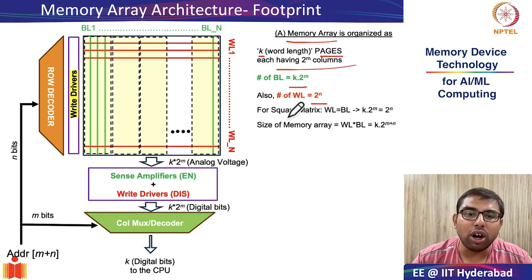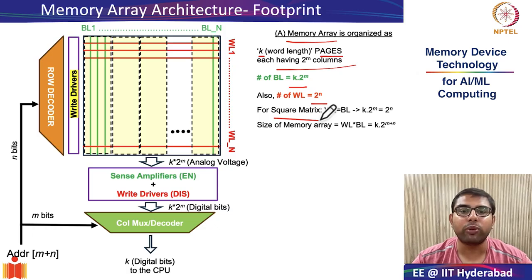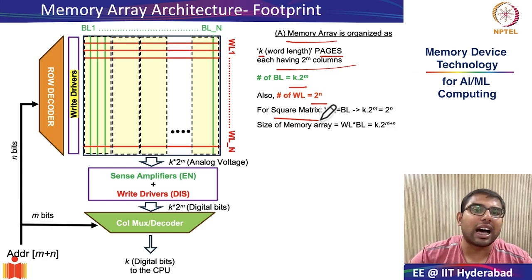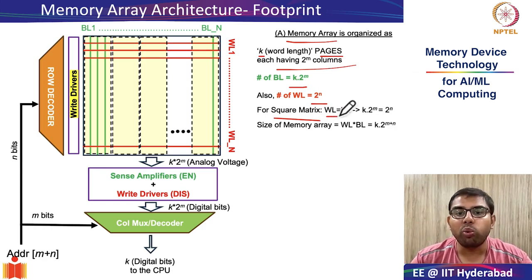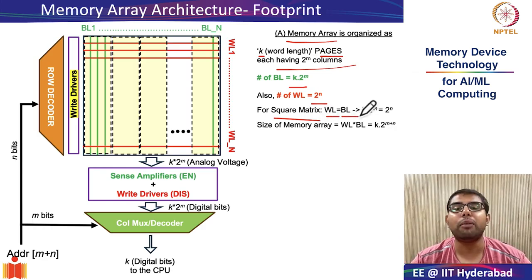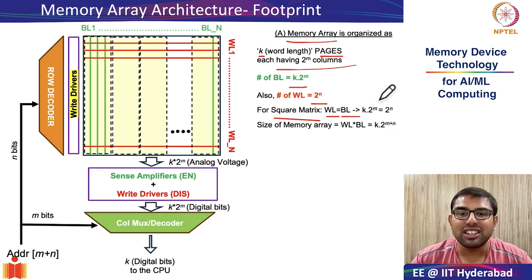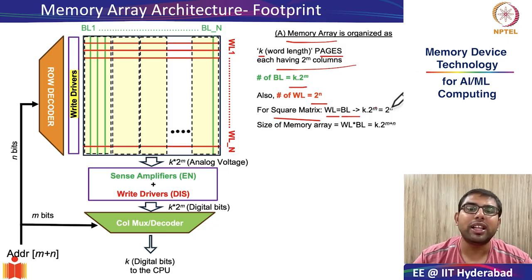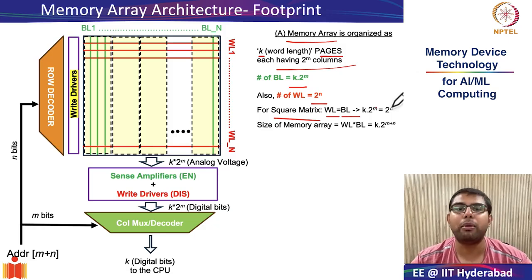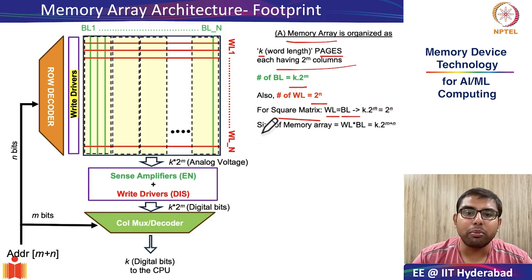For a constraint of a square matrix array, we studied why a square matrix is very valuable. It is to improve on latency and reduce RC delays. The number of word lines is assumed to be the same as the number of bit lines, and that puts a constraint on the values of M and N. Also, since each cross point between a word line and bit line is one memory cell, the size of the memory array is nothing but the number of word lines multiplied by the number of bit lines.